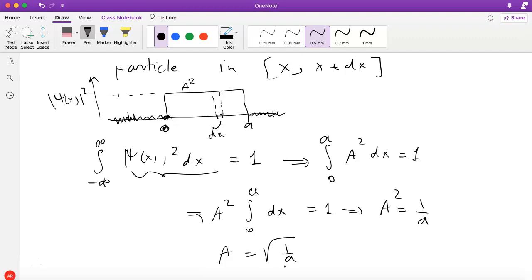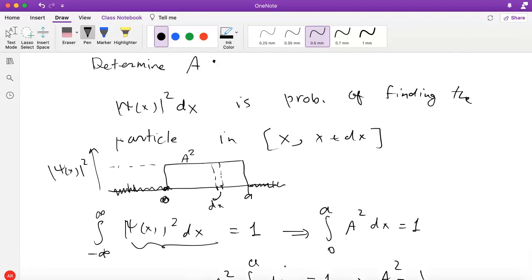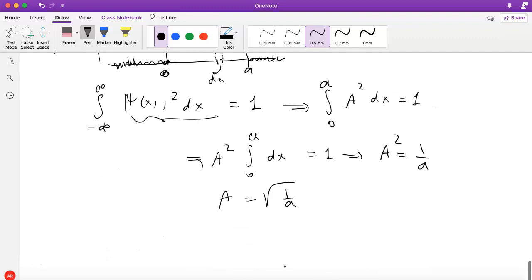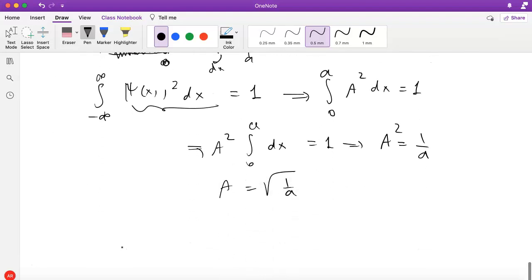So we found the normalization constant in front of a wave function that's constant in some interval and is 0 outside. And of course you can have more complicated situations.